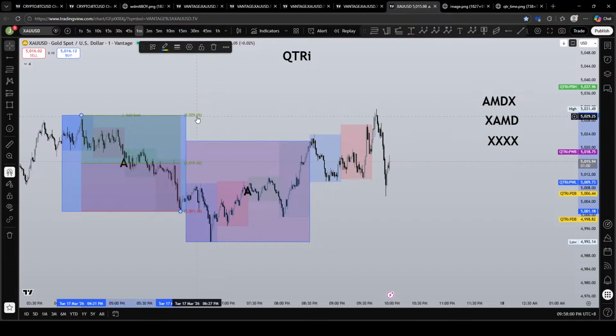For example, in quarter 1 here, this quarter PDRA is dynamic, meaning you plot it based on the quarter's current high and the quarter's current low.